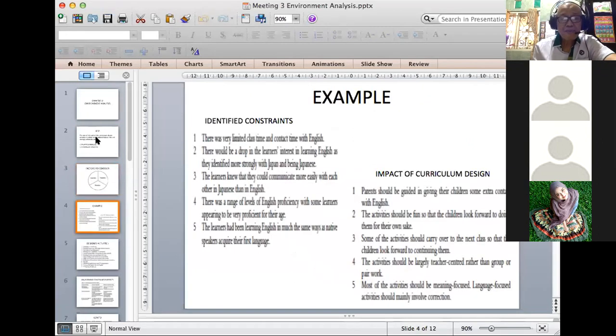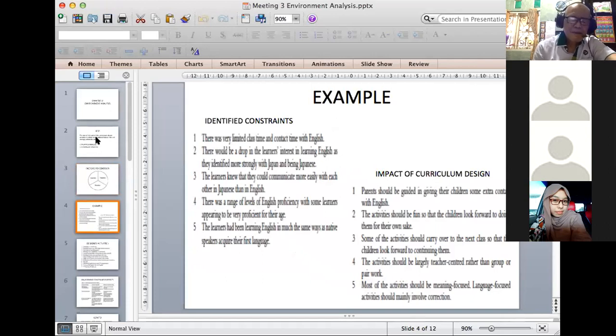What we discussed last week is about the learners. For example, the age. If you are dealing with junior secondary school, maybe age is not a big constraint because they are relatively the same age, probably 12, 13, or 14 years.